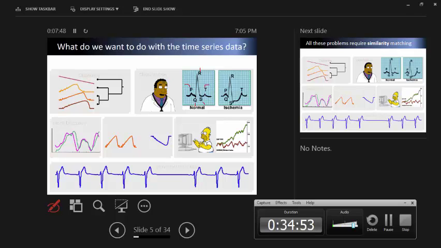And if you have any shape away from that normal shape, then you might have some issue.